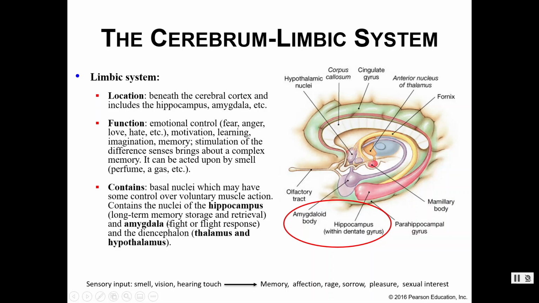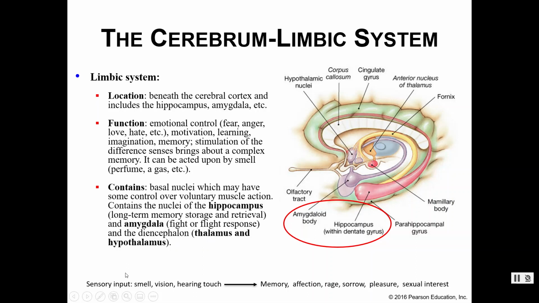So your amygdala kind of tells you, oh, we should be scared of that, we should try to fight or flight, or that's really nothing to be scared of, so we don't maybe need to fight or flight. And then your diencephalon, both your thalamus and your hypothalamus. We're going to talk a good bit about those two parts of your diencephalon in a little bit more detail later, and give them much more specific functions, but they are included here in the limbic system.